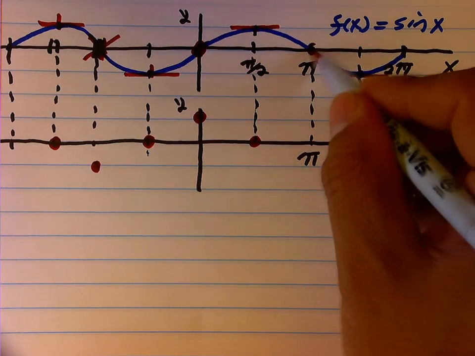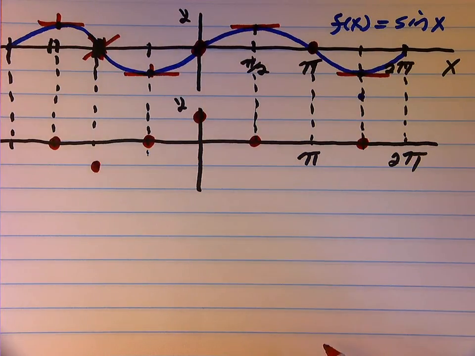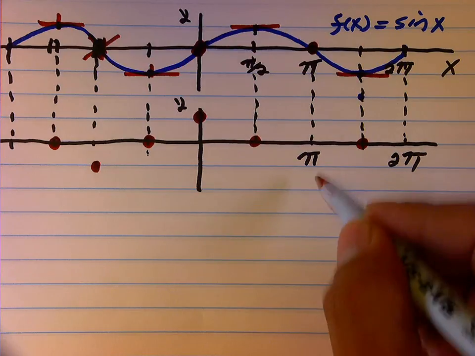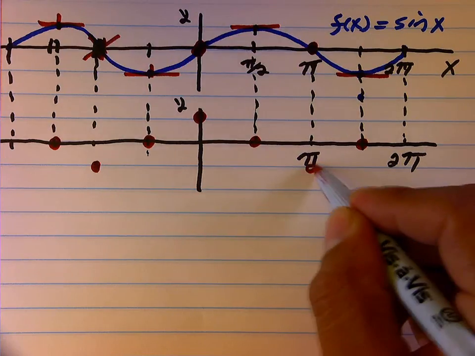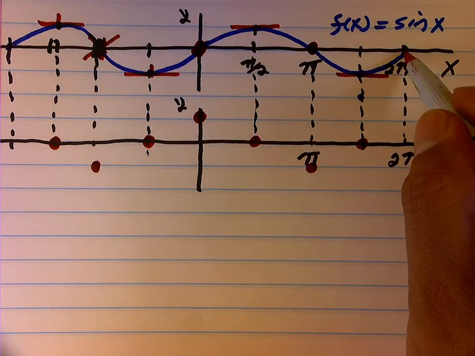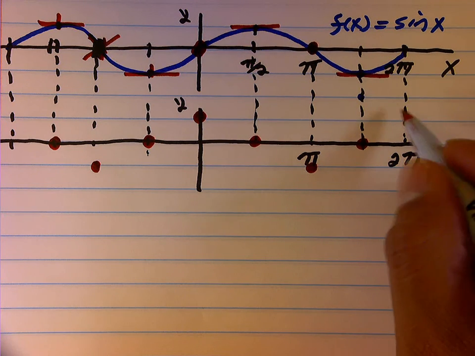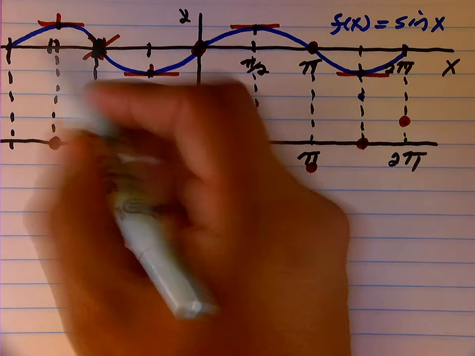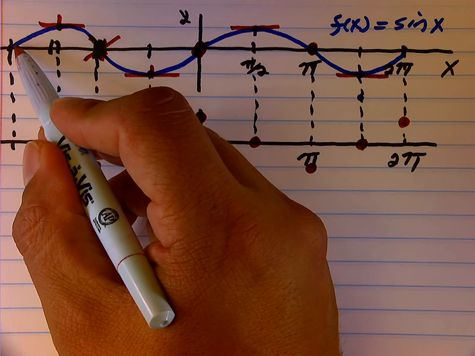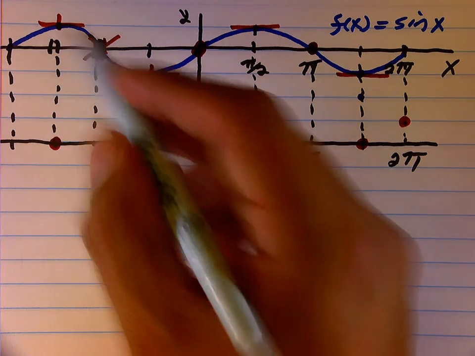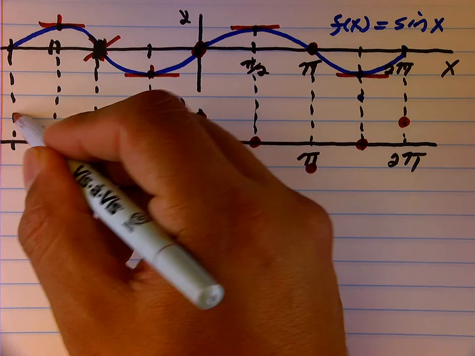And again, over here, the slope of the tangent would be estimated roughly at negative 1. At this point here, my slope would be about positive 1. Over here, my slope is going to be about positive 1.